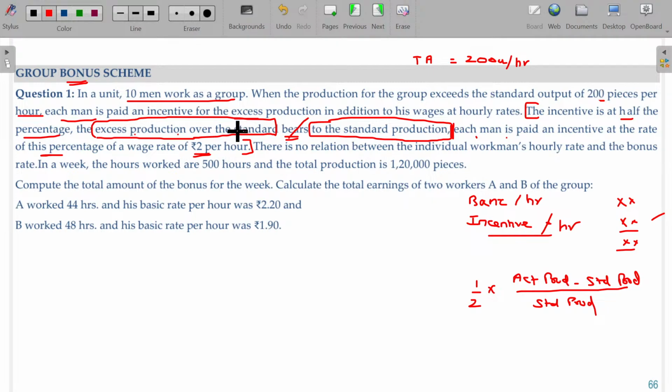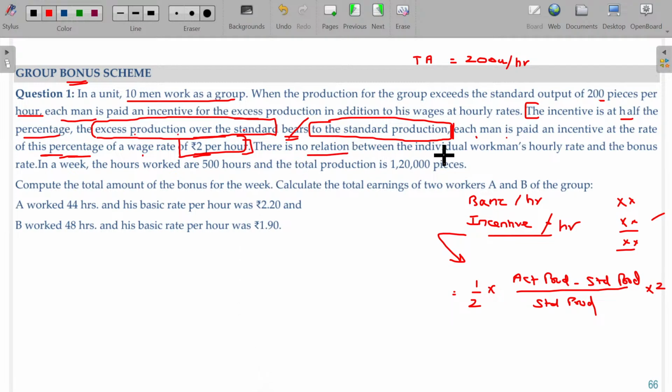Excess production means your actual production is more than the standard. If it is so in the numerator, in denominator you have to take the standard production. In this value, half will be the percentage of incentive offered. And this is also based on hourly rate. This percentage of the wage rate will be on 2 rupees per hour. So this is what about the incentive per hour.